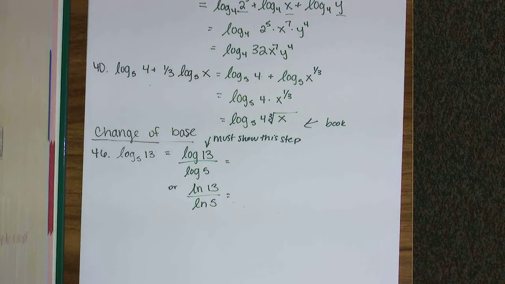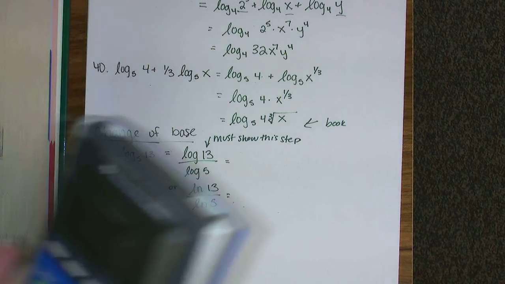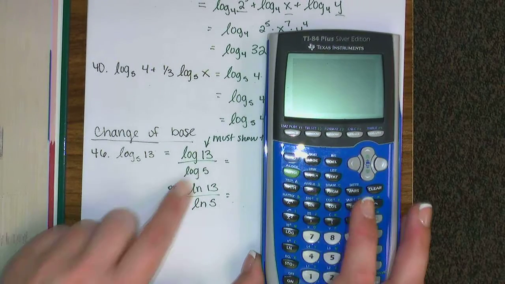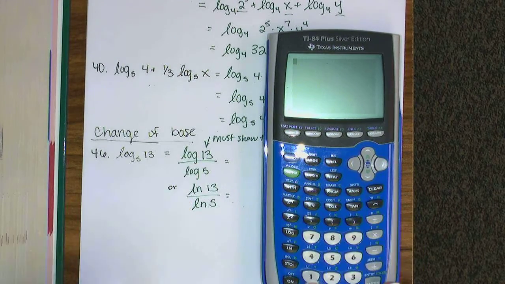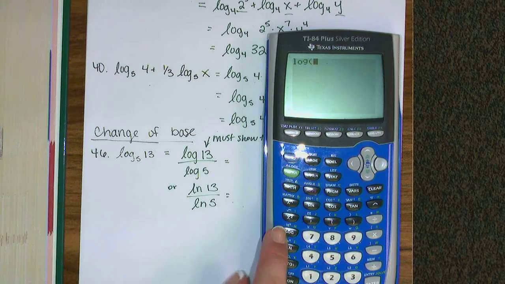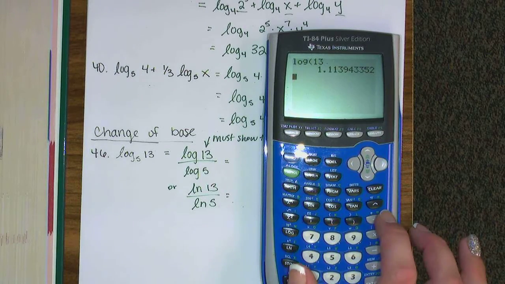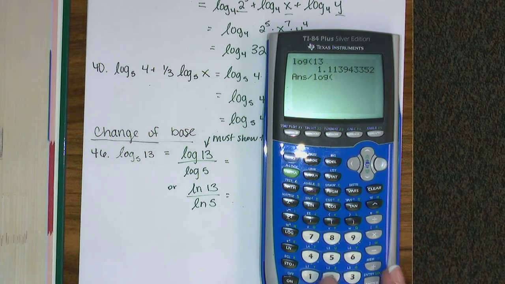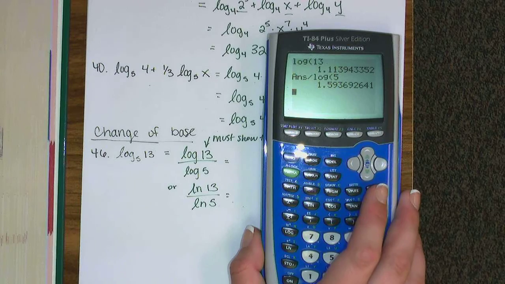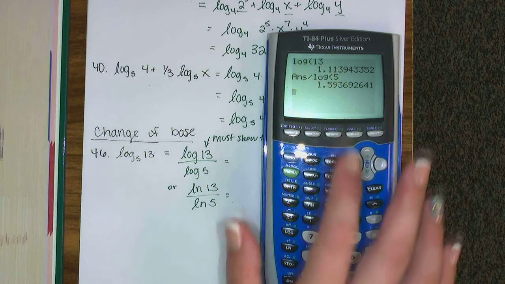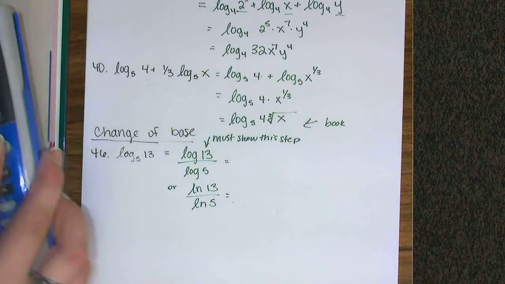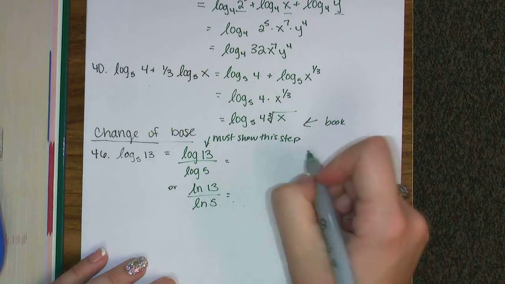Okay? So now I can come over to my calculator. I'm going to use my common log, so I'm going to use the log button on my calculator. So log of 13, and then I'm going to hit enter, divided by the log of 5, 1.59. And it doesn't say how many, so let's just go to 2 decimal places. So here, let's see, round to 2 decimal places.